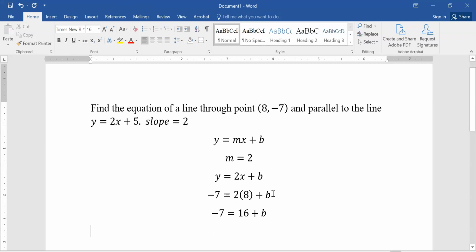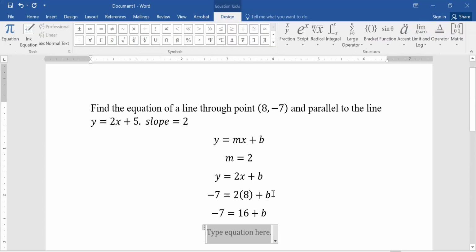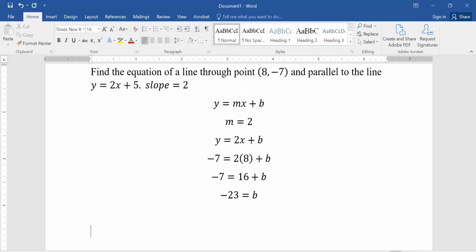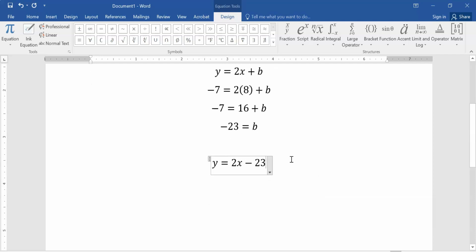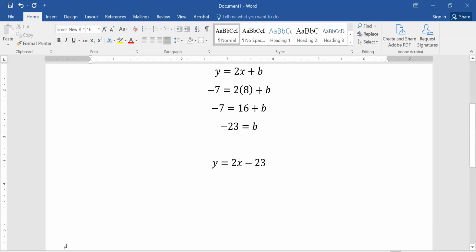If I subtract 16 from both sides, I get -23 as the b that I need. So the final equation of the line is y equals 2x. You can either write minus 23 or plus a -23. Each would be the same. So there you go. There's your final answer.